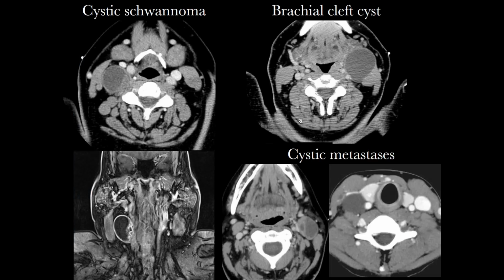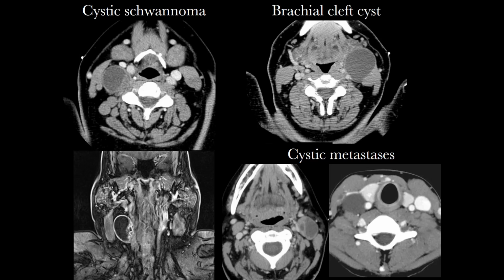Okay, and other cystic neck masses in adults, this was a cystic schwannoma. It really surprised me, but maybe it shouldn't have because here are the two vessels and it's posterior to that, so it's a good location for the vagus nerve, right? This is a branchial cleft cyst. It's typically anterior to the sternocleidomastoid muscle.